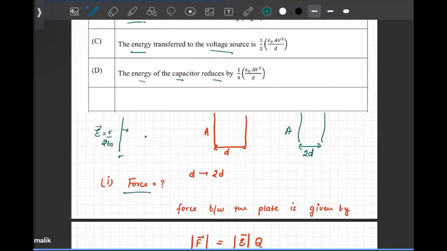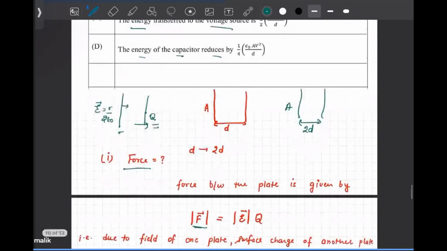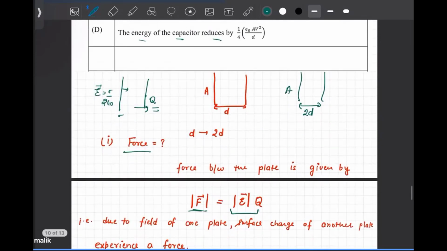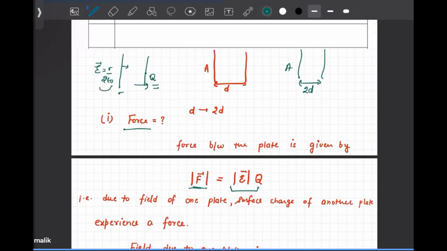And if you place any other charge, it may be a plate or a single charge Q, it is going to create a force given by QE. So the force is given by mod E into Q.